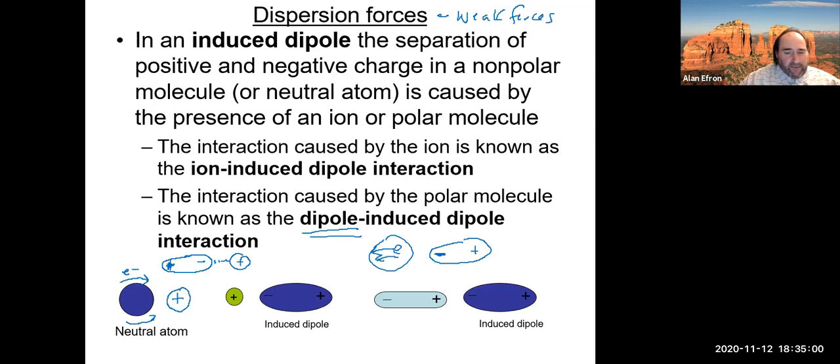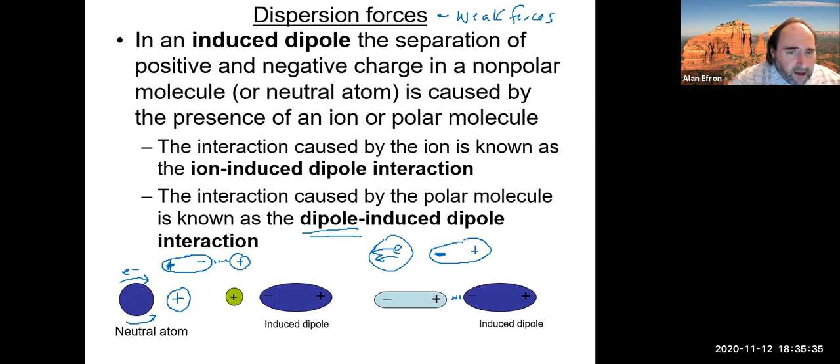And again, what that's going to do is, as you can see down here, create a temporary positive charge in our nonpolar guy, and we will have an attractive force that can now happen between the positive side and the negative side. So these are very weak forces. They need somebody to induce it or make it happen. And because they don't always have that separation of charge, as soon as those electrons want to go back, it's going to break apart.